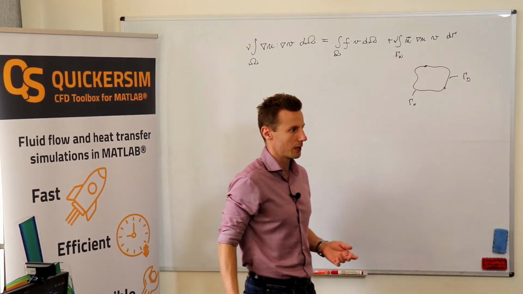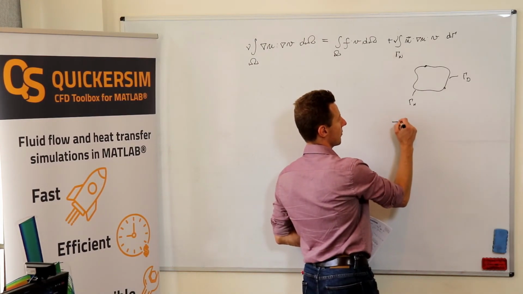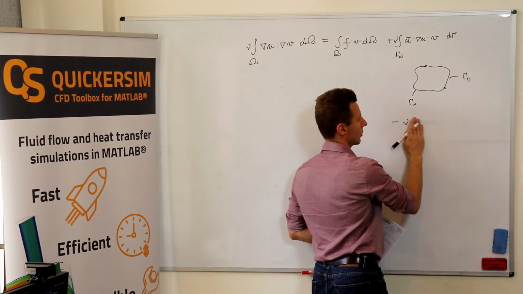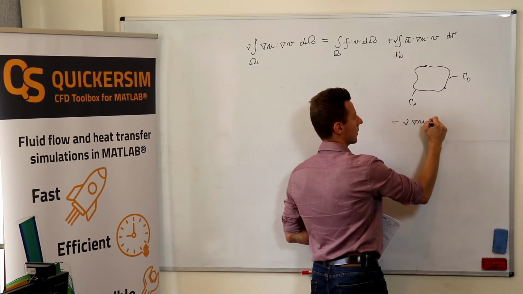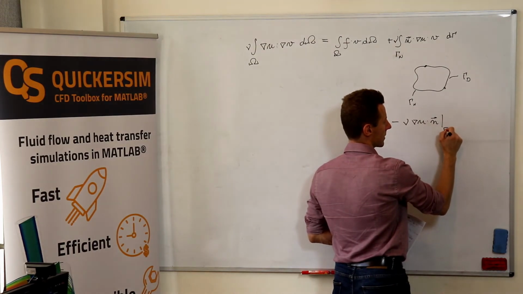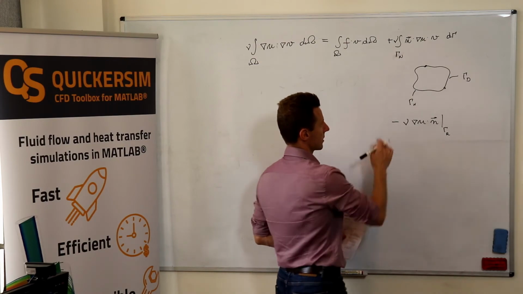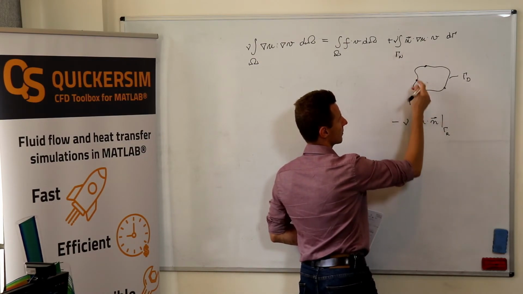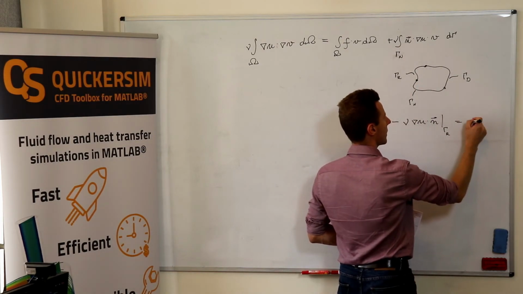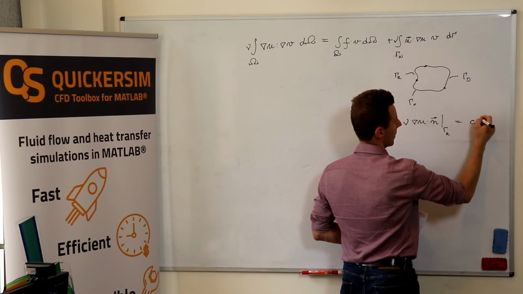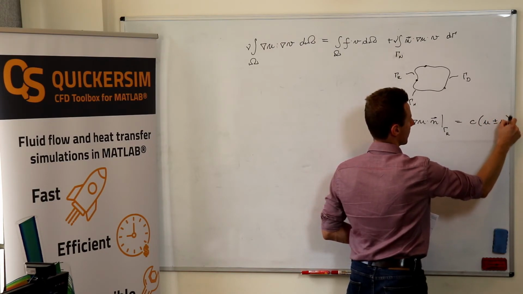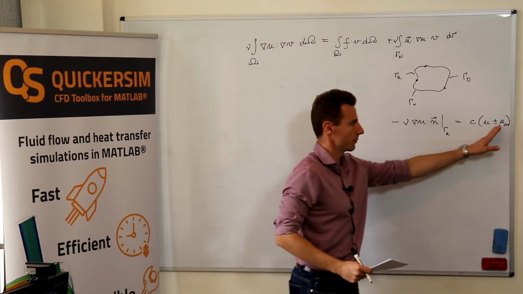So let's remind ourselves, the third type boundary condition at the boundary, let's call it R, like Robin, we need to have something equals, for example, C times the solution, plus minus whatever, however you define that, some given value.